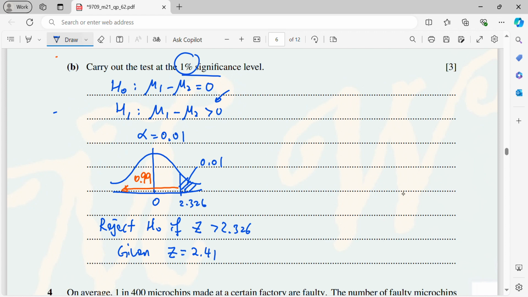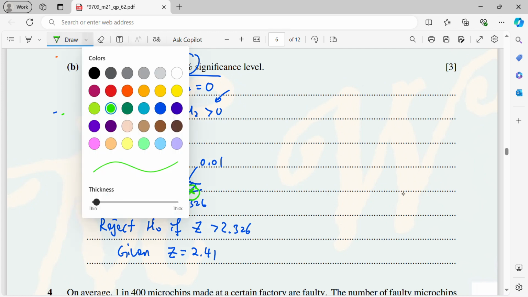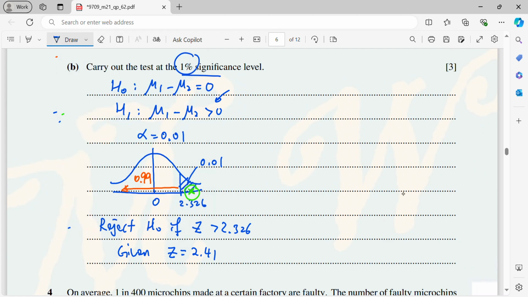Now you have to mark this point 2.41 on the graph. So obviously 2.41 is inside the region. Therefore our conclusion is reject H0 due to this rejection criteria. So you just write, since Z is greater than 2.326, therefore we reject H0.